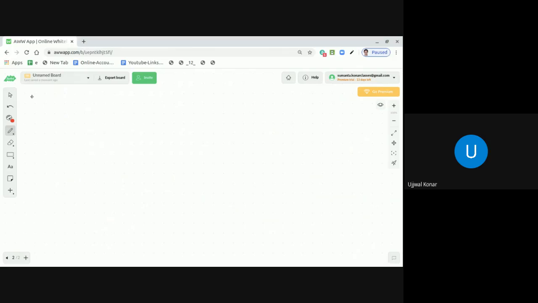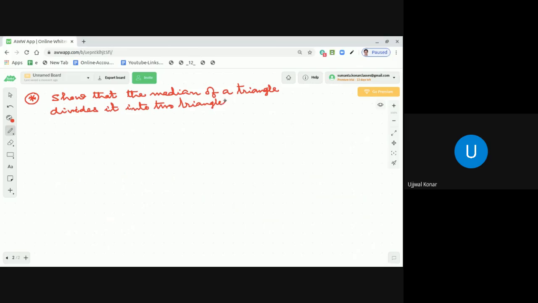So what are we going to prove, dear students? Let me write it down. Prove that a median of a triangle divides it into two triangles of equal areas.